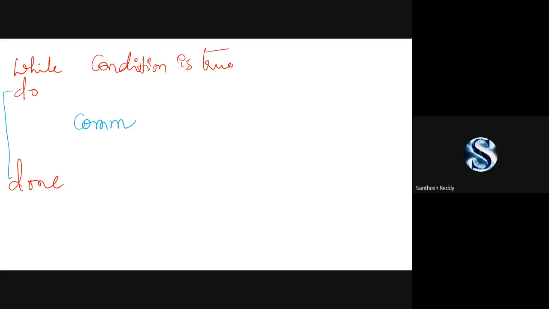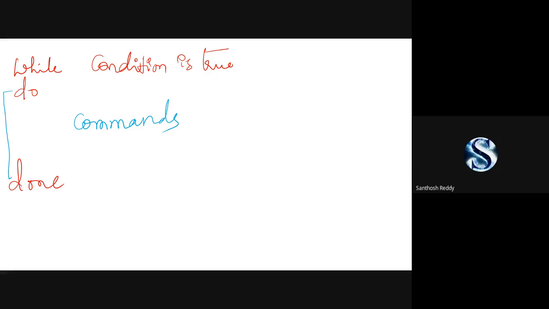While condition. If it is true, then only it will enter into the loop. So that is, we have to do with the do, and later we have to do with the done. Whatever operation you have to do, you have to do within this do and done.